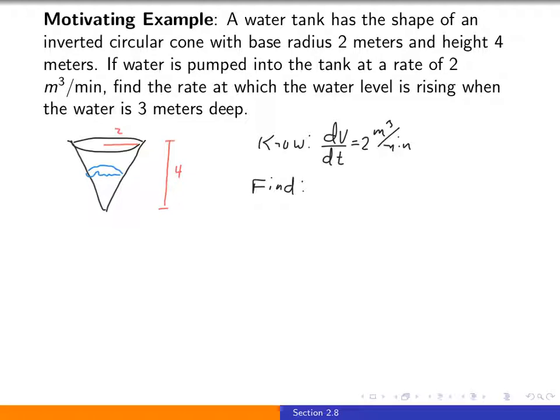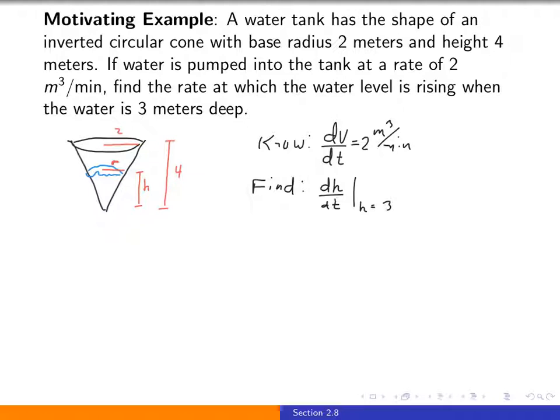Okay, so we have to think in terms of where this water level is. At the water level, there is a radius, call it r, and there is an associated height of that water, call it h. And what we would like to find is the rate at which the water level is rising. So that would be the rate of change of the height of the water level, and we want to find this when the height is 3 meters.